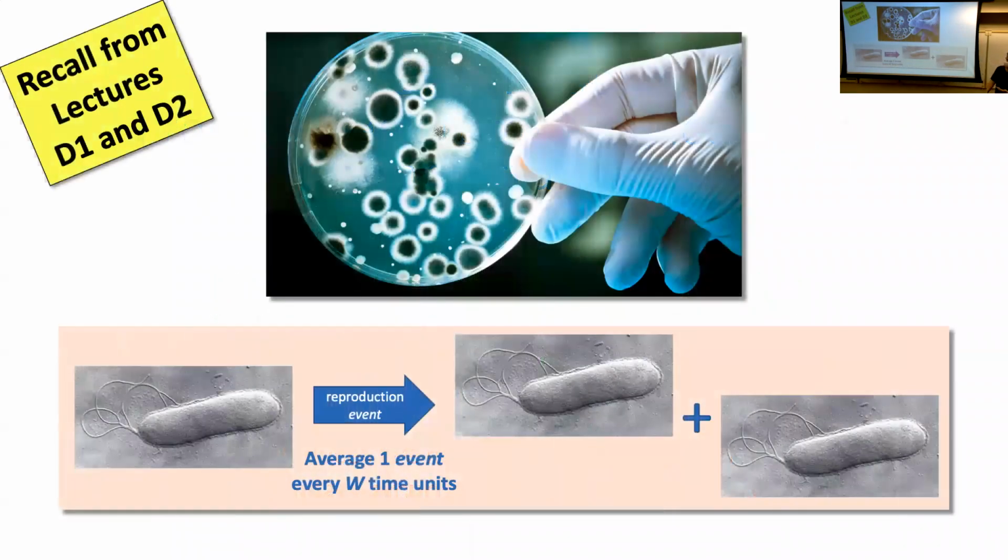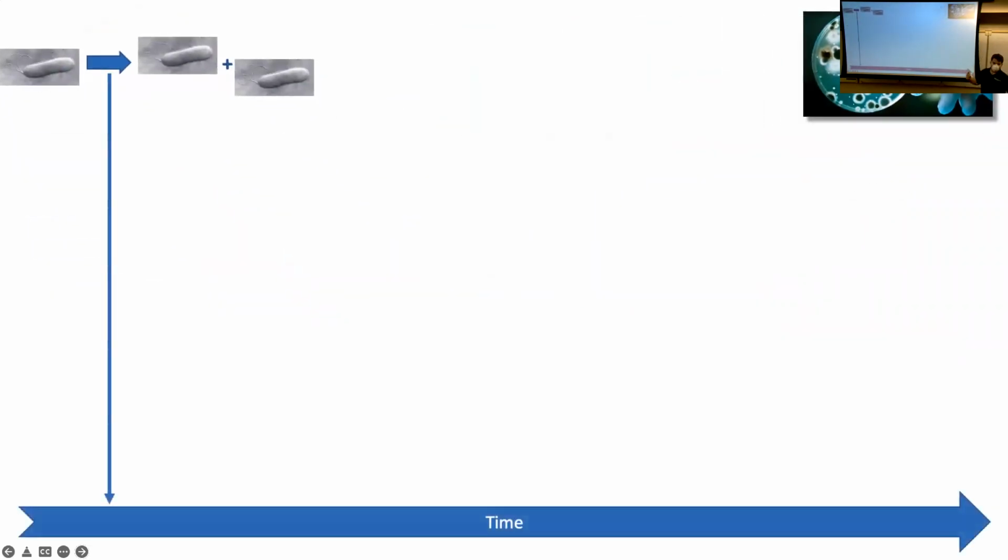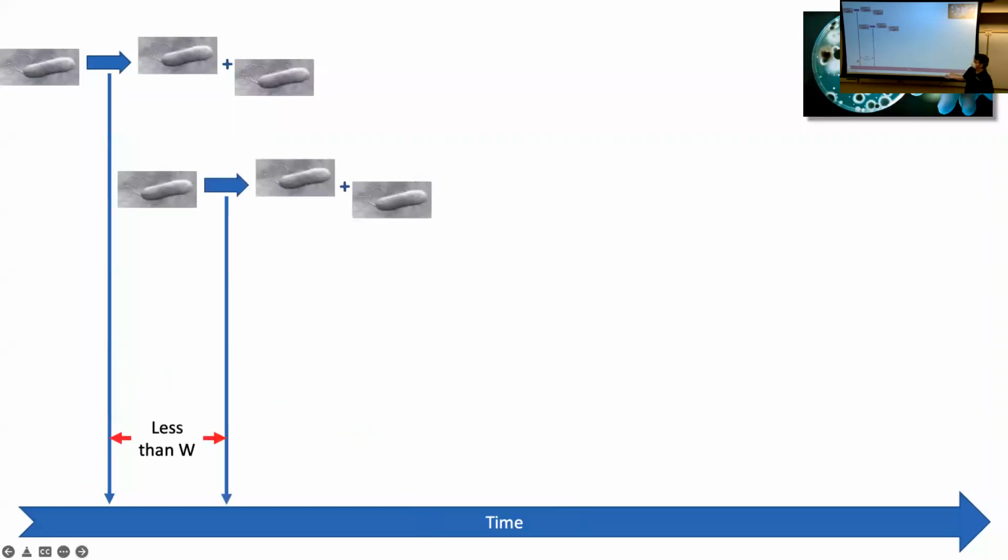So what's an example of this? We've seen this back from lectures D1 and D2, the bacterial modeling process, modeling the reproduction of bacteria. We said that on average, every W time units, like a waiting time, one bacterium turns into two. If we were to look at a real trace of the system and count how many bacteria there were, we'd have a certain number at some time point, and then some duration after that, less than the average waiting time, one bacterium would turn into two.